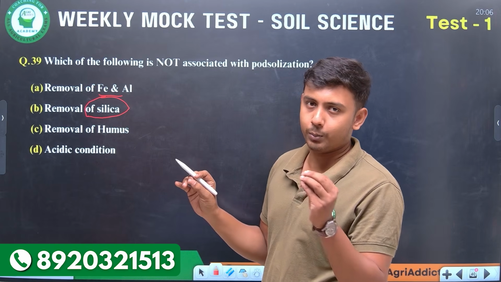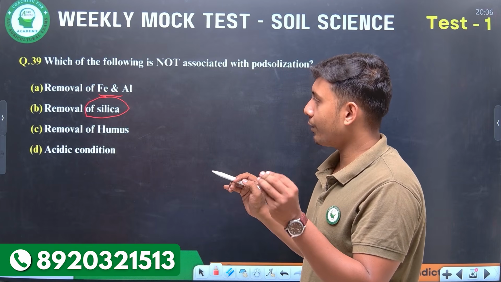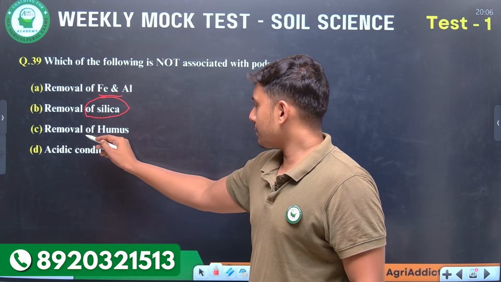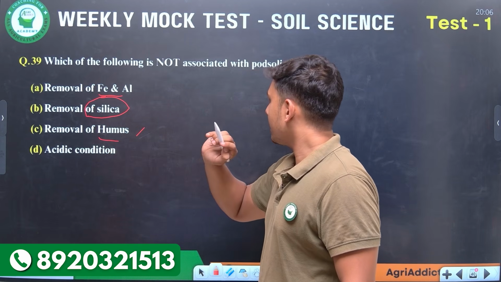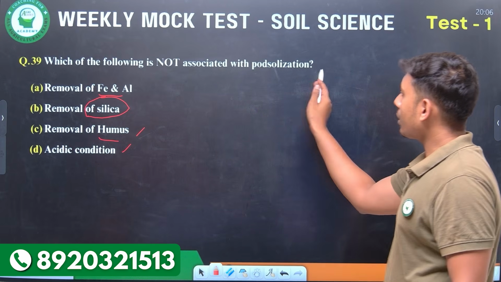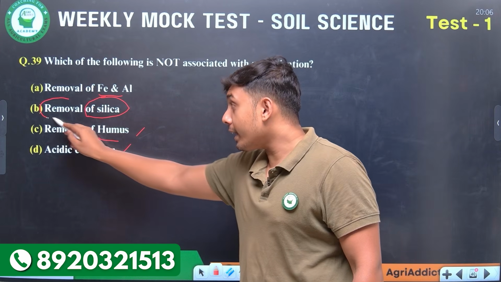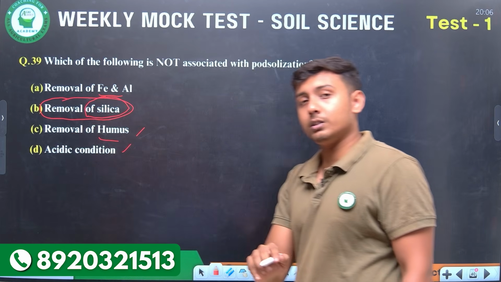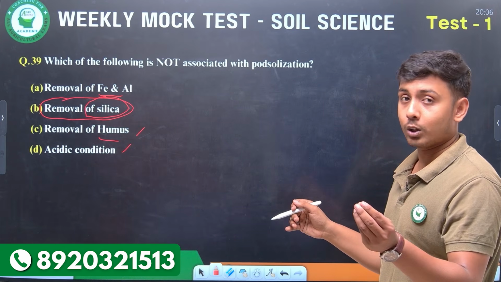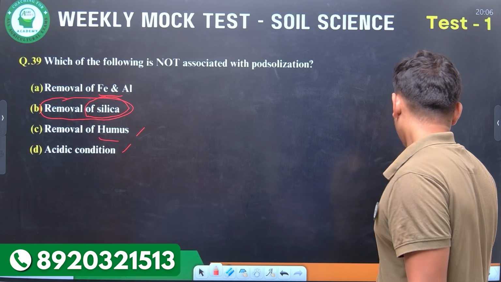Silica will not be solubilized in the acid, so silica will not be removed and it will remain on the surface. Then comes the removal of humus. This is also correct, an acidic condition. So which is not associated, that is removal of silica. Why? Because in acid hydrolysis the silica does not get solubilized and it will not leach down.